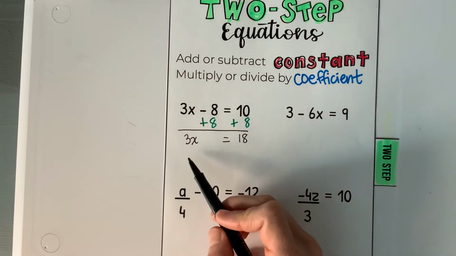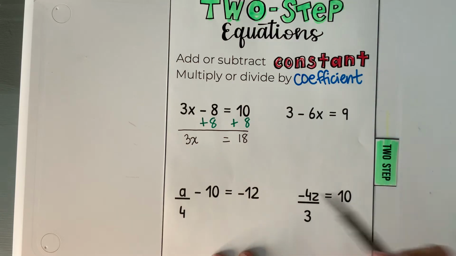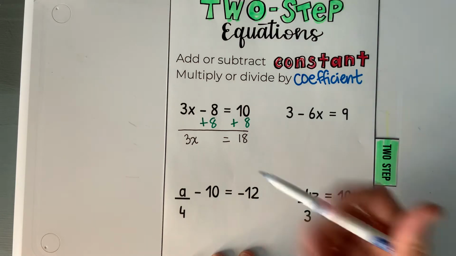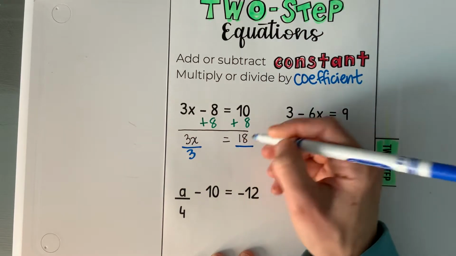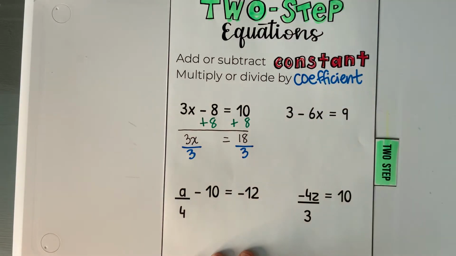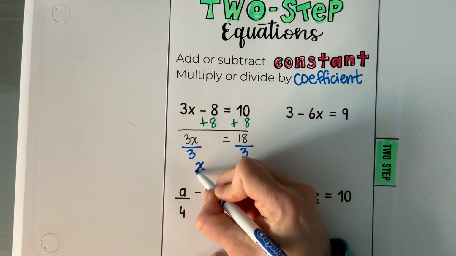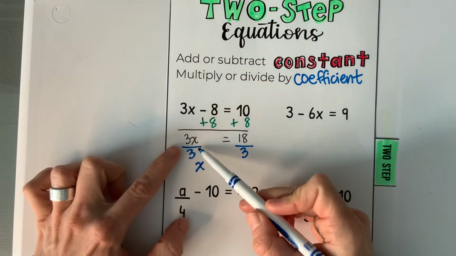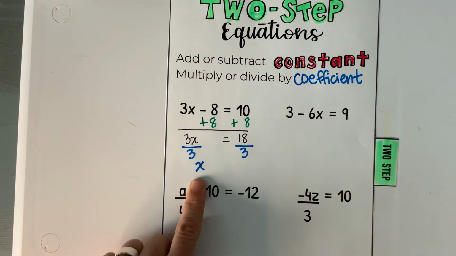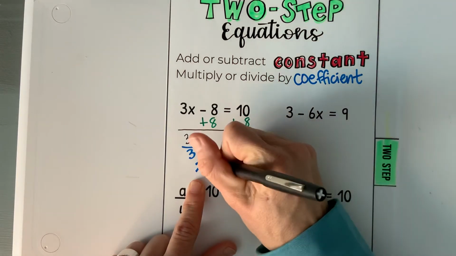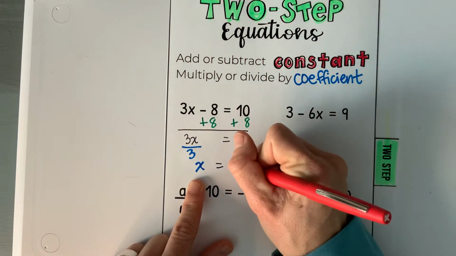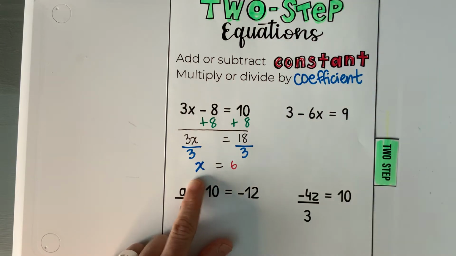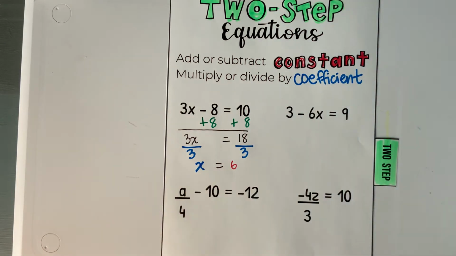So in order to eliminate it, I need to do the opposite, which means divide by 3 and divide by 3. So if I have 3 pawns and I'm dividing it by 3, I'm left with 1 pawn, or 1x, is equal to 18 divided by 3, which is 6. So you would have then a red number cube 6.